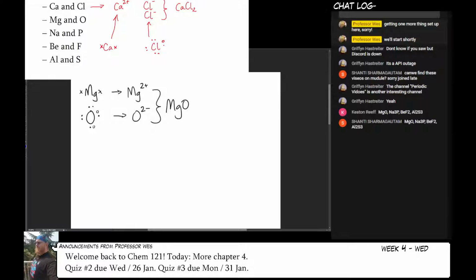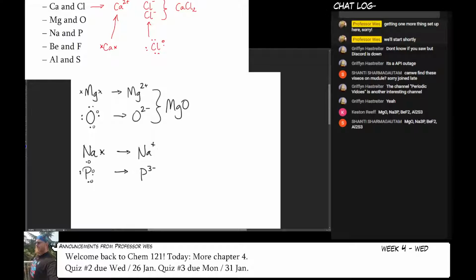All right. How about the next one? So I got sodium, which has 1 valence electron. Let's just get rid of that to give it an octet. Then we got phosphorus, which has 5 valence electrons. We need to add 3 electrons in there to satisfy its octet.